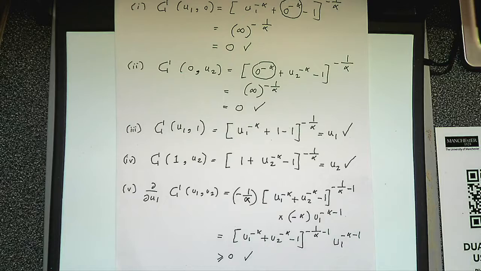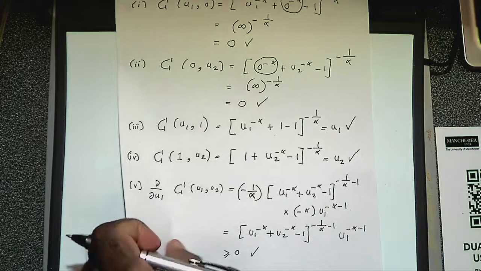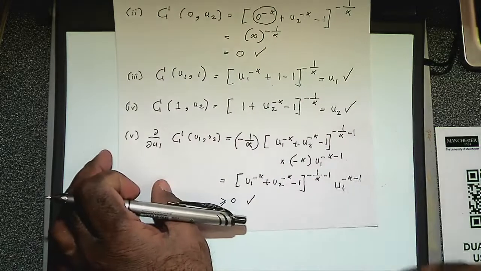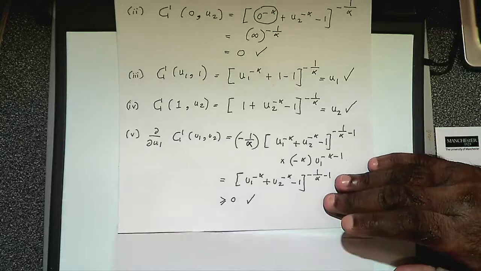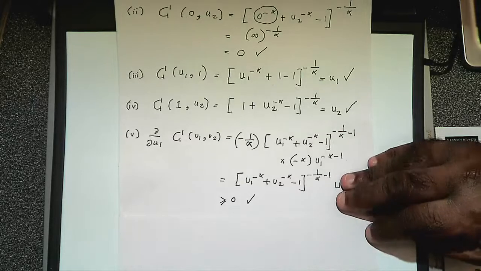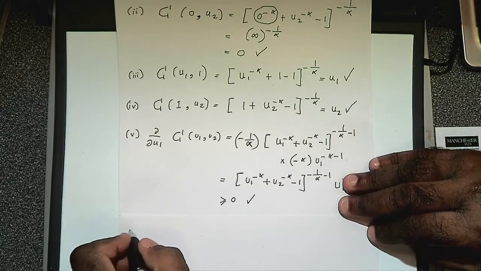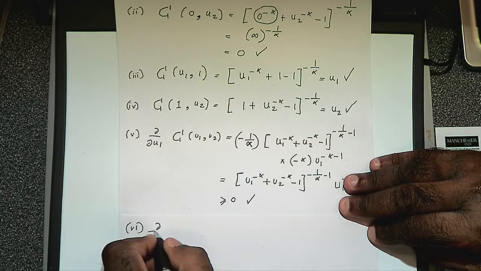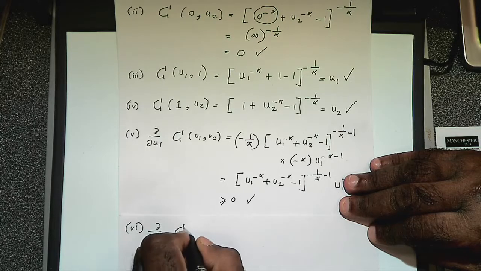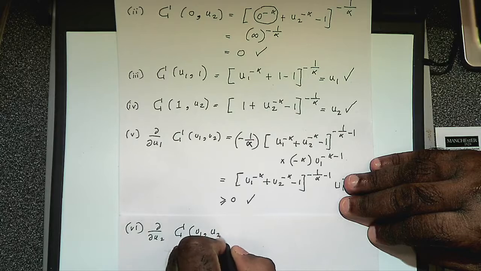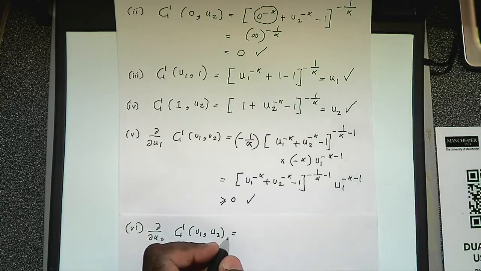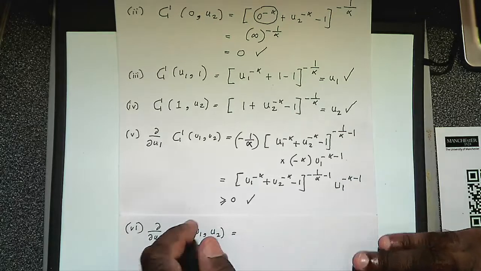And property 6 is similar. You differentiate with respect to u2, right?